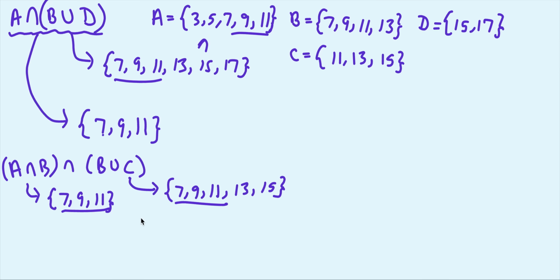So therefore, the answer to this would be elements 7, 9, and 11. Right? So all these are easy to solve. It's just understanding the symbols and being able to do it in multiple steps.